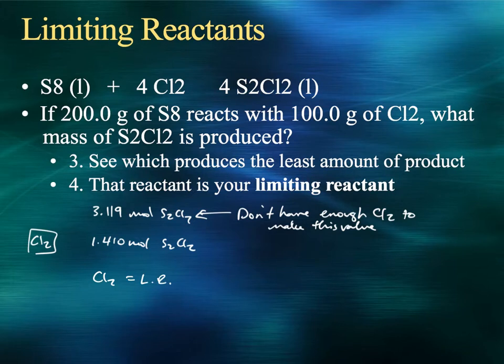If you're asked how many moles of S2Cl2 are produced, well, this is your maximum right here. Okay, and suppose you wanted to convert that back into grams, well, then you just multiply by the molar mass. Okay, and that is 135.02 grams per mole for every 1 mole.